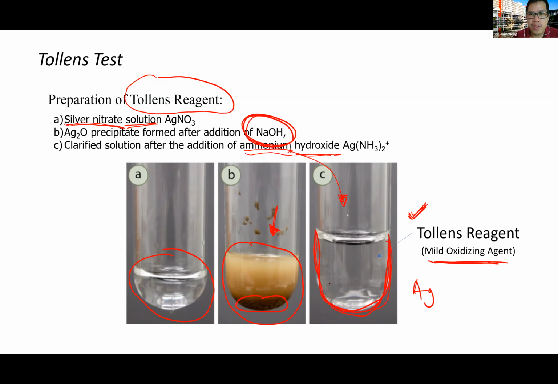The reason it's called a silver mirror is because the silver coated on the test tube is so clean that you can see yourself. That's why it's called silver mirror, yeah.